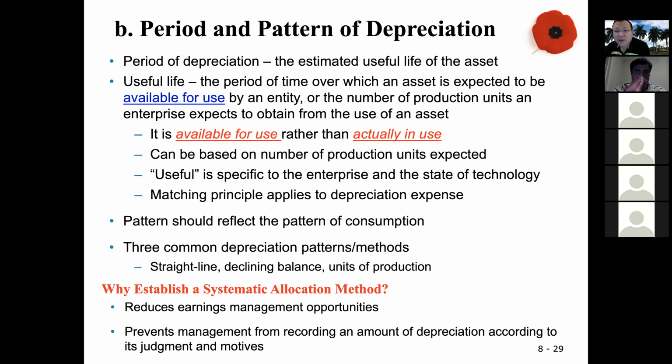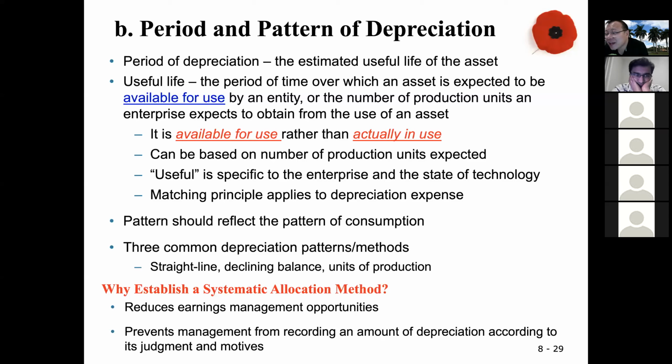In terms of useful life, what do we mean? Useful life is the period of time over which an asset is expected to be available for use by an entity, rather than actual use.